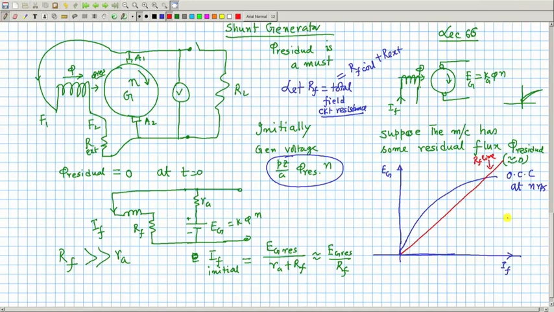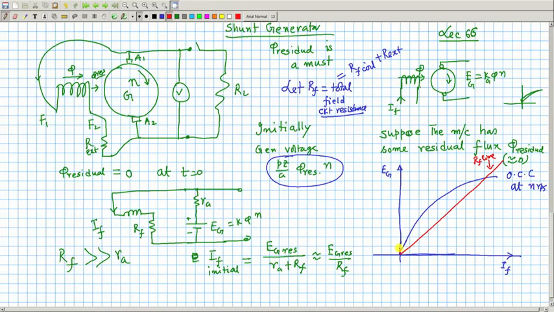Then I will say, look, this is the sequence of events, it will go on. Initially there was some residual field and you are running the generator at 10 RPS. At that time, how much will be the generated voltage? This much.